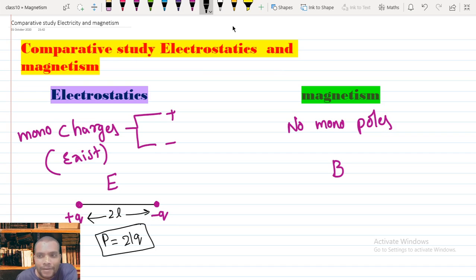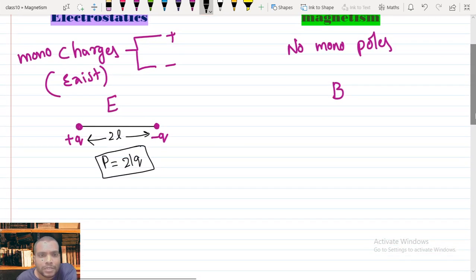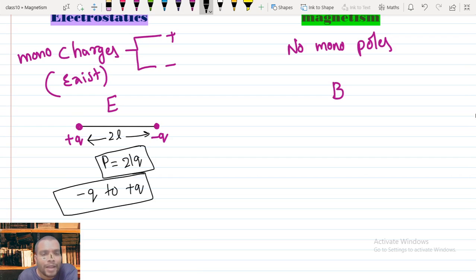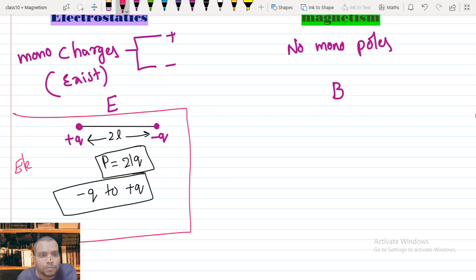And dipole moment has direction. The dipole moment direction is from negative charge to positive charge. So this we know as electric dipole.